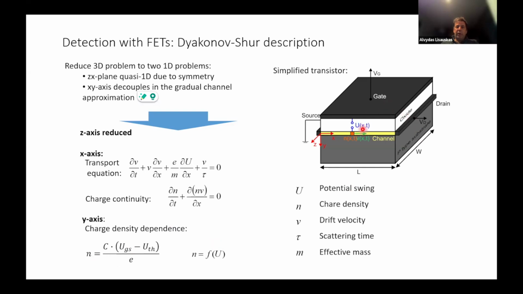So now, for the vertical direction, one can just do a very simplified charge density dependence on voltage. And this is true only for the strong inversion regime. In general, it is just a function of voltage, so one can take this functional dependency and work with it.